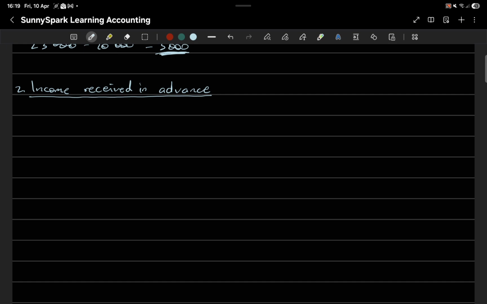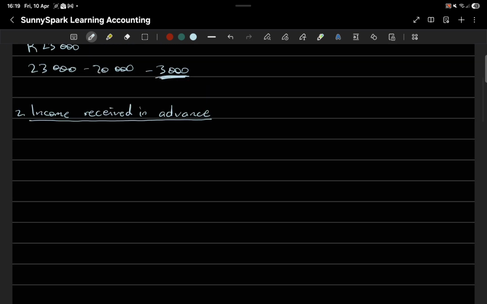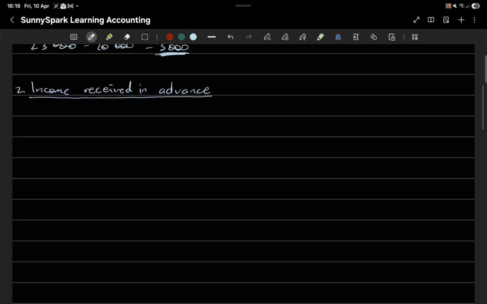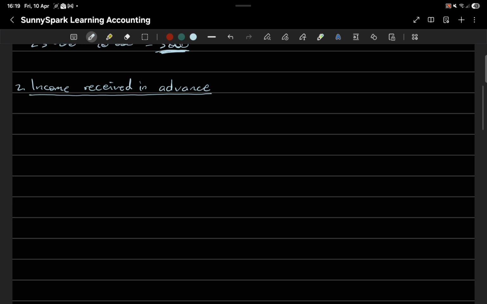By the opposite, I mean that in prepaid expense, we said this is when you pay more than you should have paid. Now, in income received in advance, this is when you receive an amount of money that is more than the one you should have received.